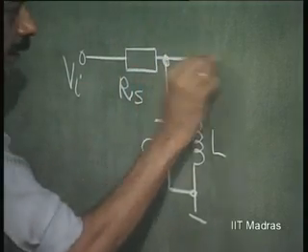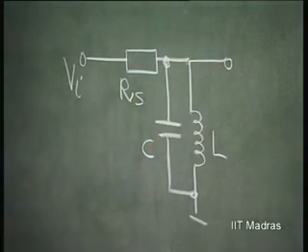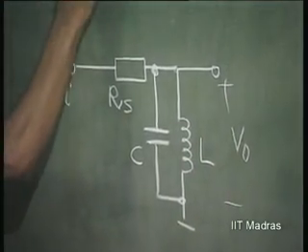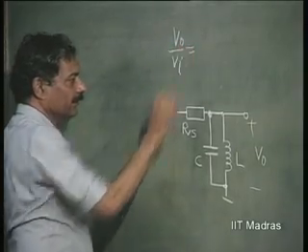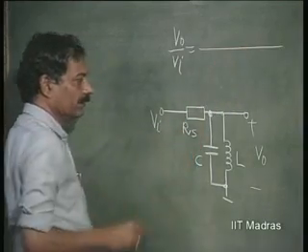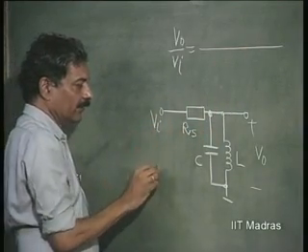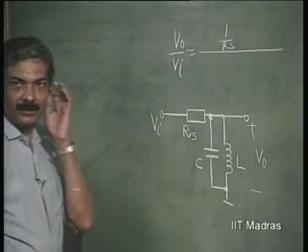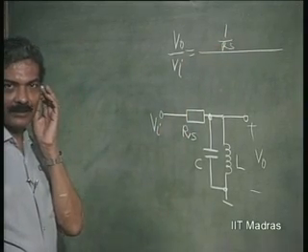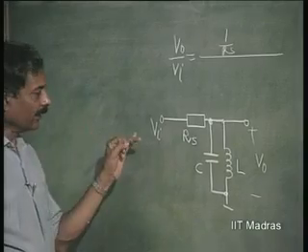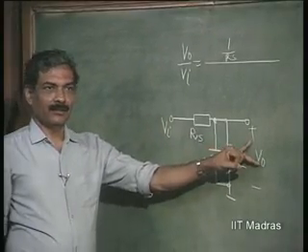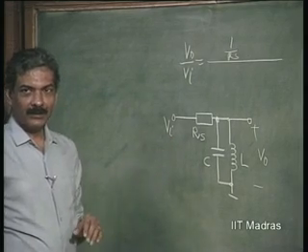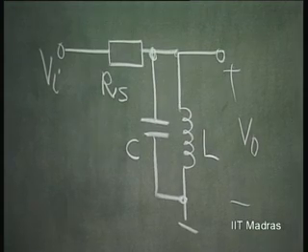So, if I now take the output here, V naught divided by Vi is the transfer function of this. The conductance linking the output with the input, this is one way to write it easily, divided by the total admittances, right.